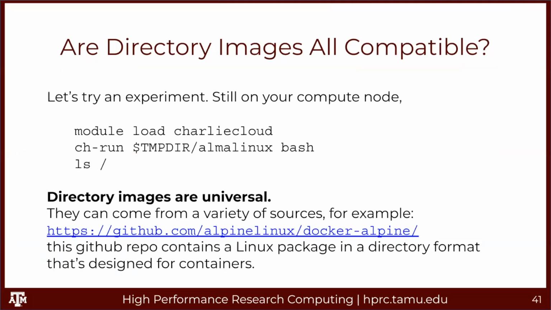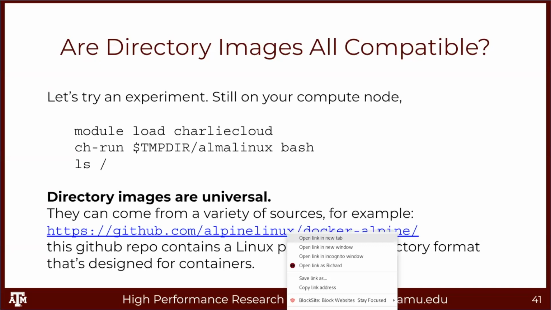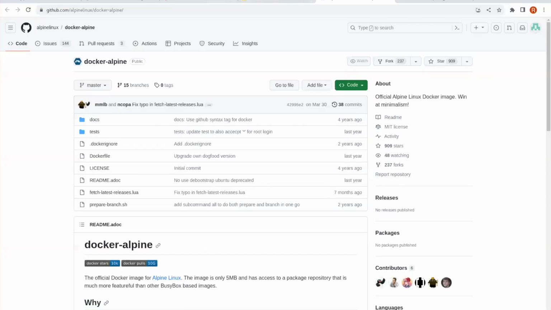In fact, you can even use some directory format images that aren't even containers. So for example, if we go to GitHub, Alpine Linux has a release, which is just its file tree.